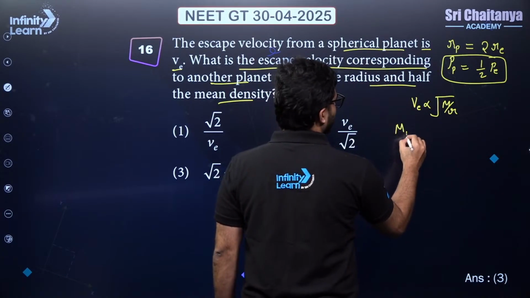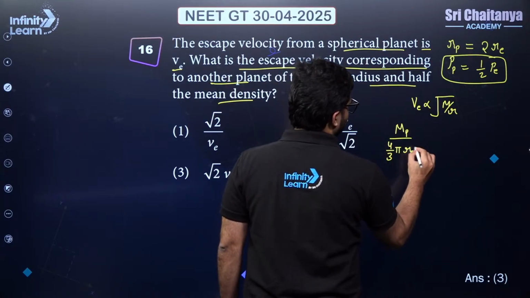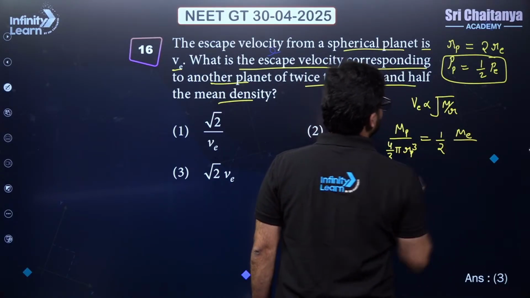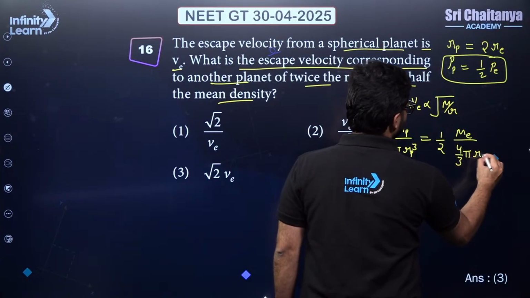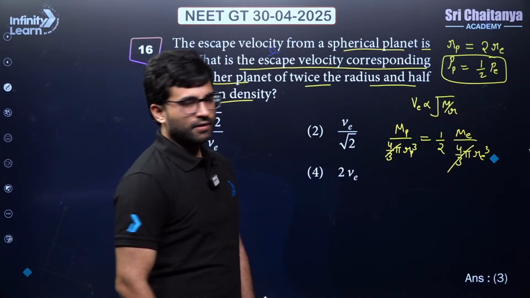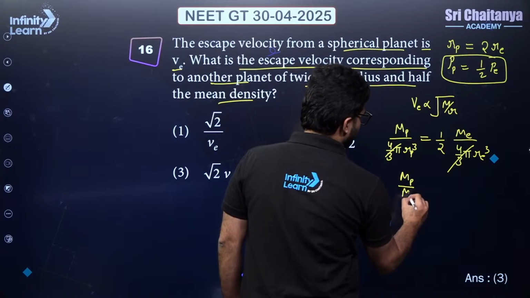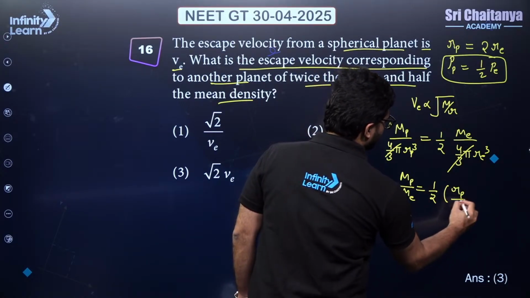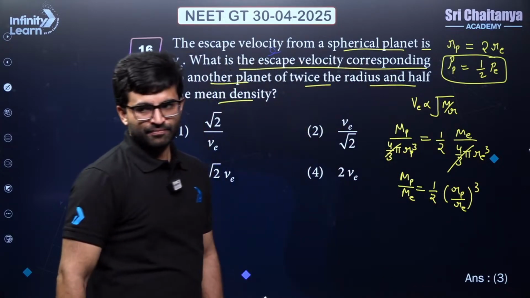So mass of that planet divided by volume of that planet, 4/3 pi R cube, is equal to half of the mass of the other planet divided by 4/3 pi RE cube. 4/3 pi gets cancelled. So you can get the ratio MP by ME, that is equal to 1/2 into RP by RE whole cube.